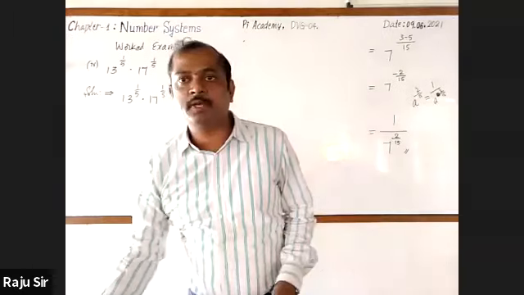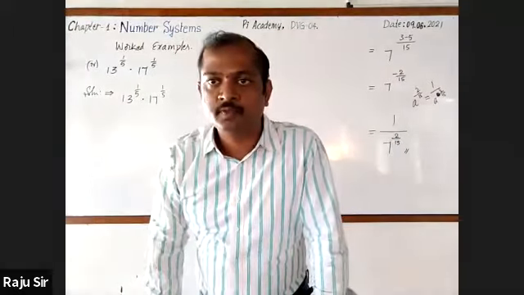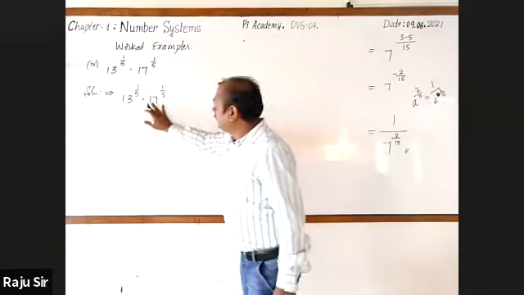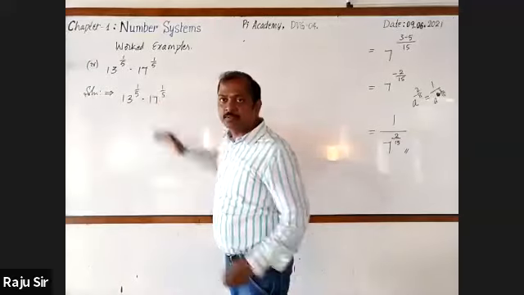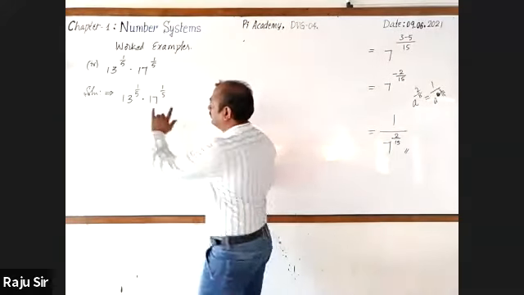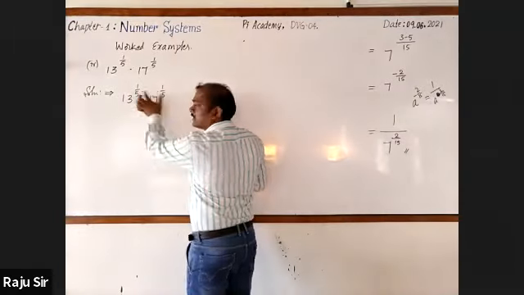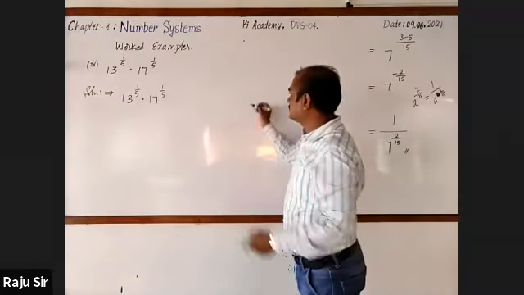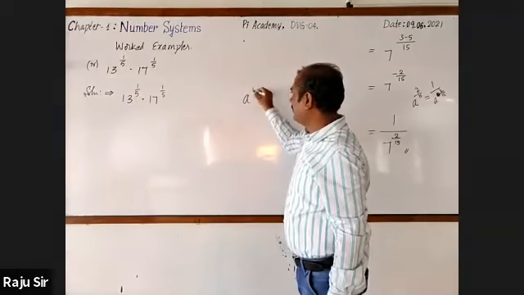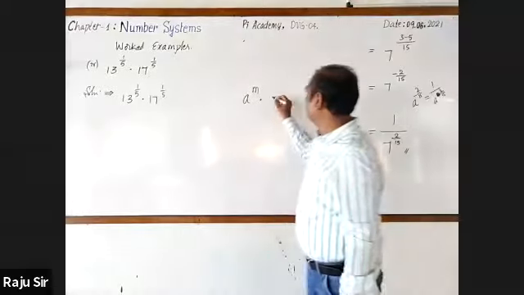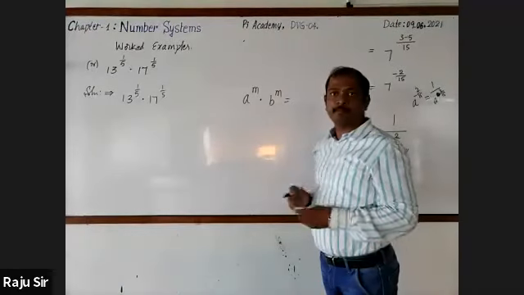Hope that you have copied. Now observe it. On observing this statement, you can come to know that the bases are different, whereas the powers are same. It is in the form a raised to the power m into b raised to the power m.